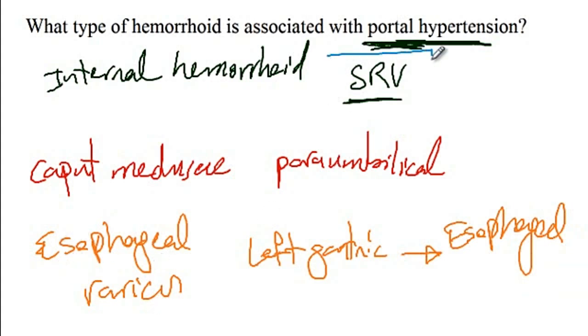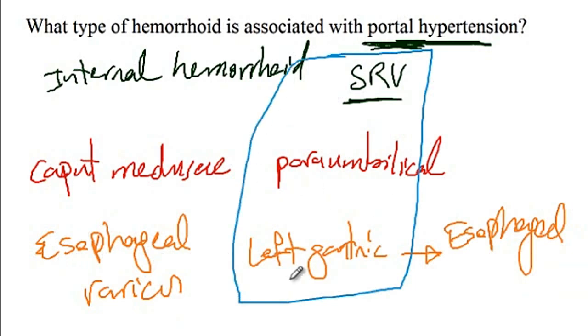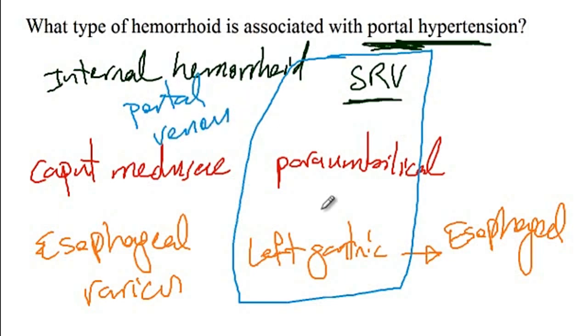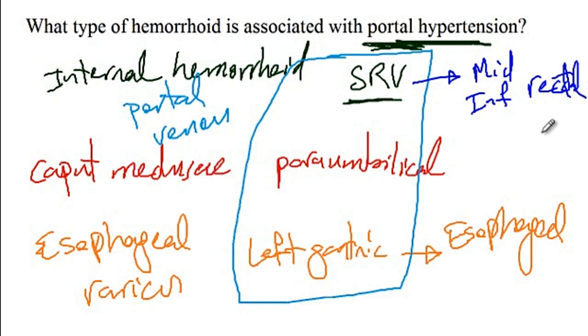So just to summarize, superior rectal vein, paraumbilical vein, as well as left gastric vein are all part of the portal venous system. And then I just told you that the left gastric vein anastomoses with the systemic venous system via the esophageal vein. I would also like you to know that the superior rectal vein connects to the systemic venous system by the middle and inferior rectal veins, and then finally paraumbilical veins connect to the superior as well as inferior epigastric veins.